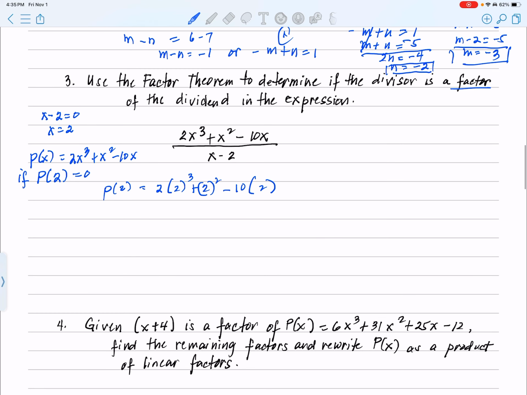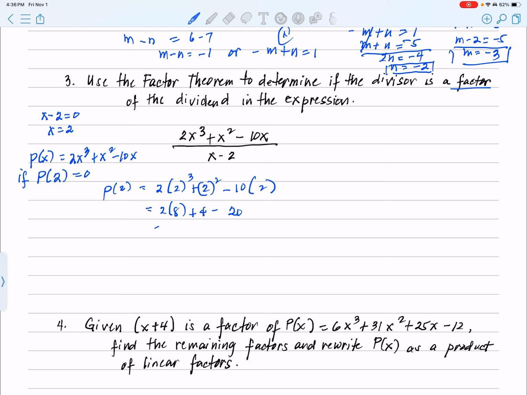I was just checking on the polynomials. Let's go ahead. 2 cubed is 8, so 2 times 8 is 16. 2 squared is 4. 10 times 2 is 20.